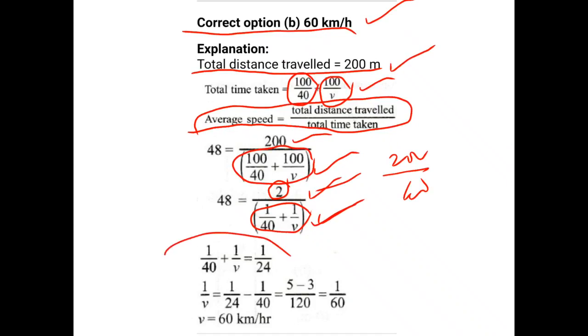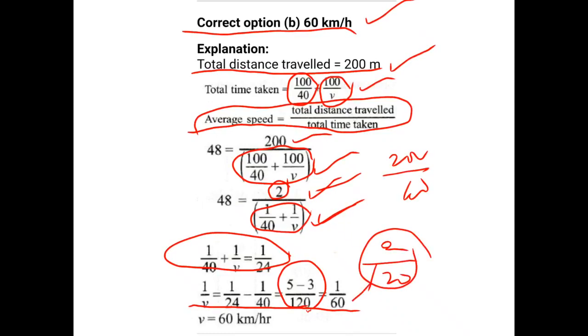If you simplify it, you get the next step: 1/v = 1/24 - 1/40. Taking the LCM of 24 and 40 as 120, we get (5 - 3)/120, that means 2/120, which is nothing but 1/60. That means 1/v = 1/60. So v is equal to 60 km per hour, which is the correct answer.